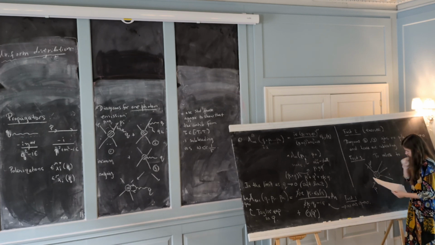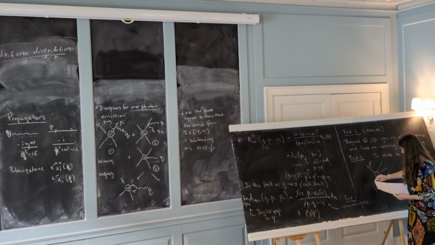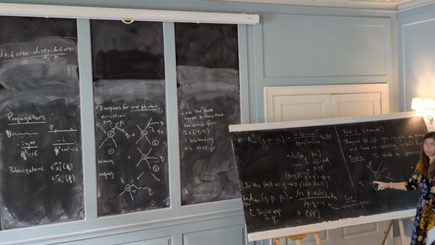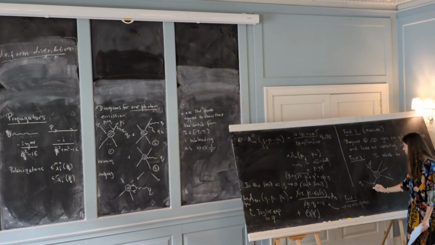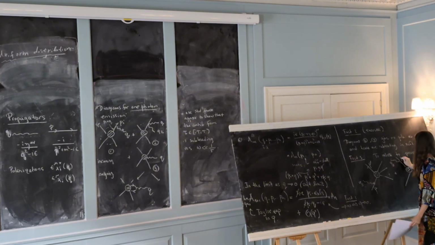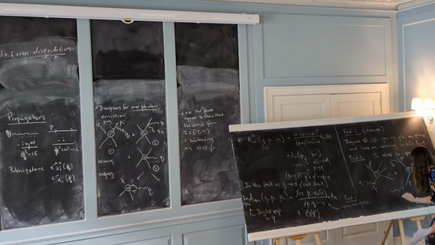And then in this case, we can have an outgoing photon. We looked at the retarded solution, so we can have an outgoing photon either attaching to the incoming line, or attached to the outgoing line. So these are the diagrams contributing to the classical computation before.